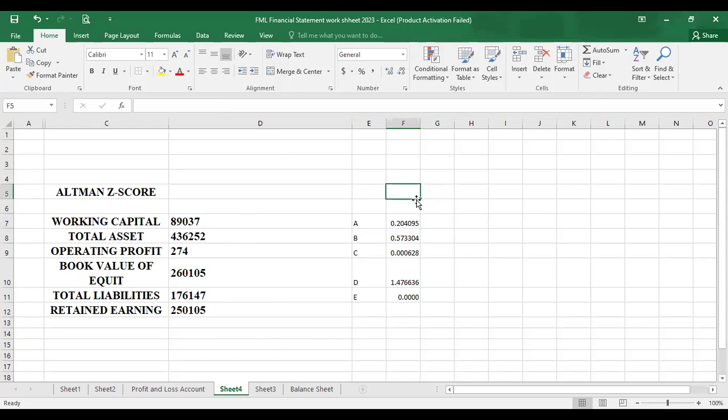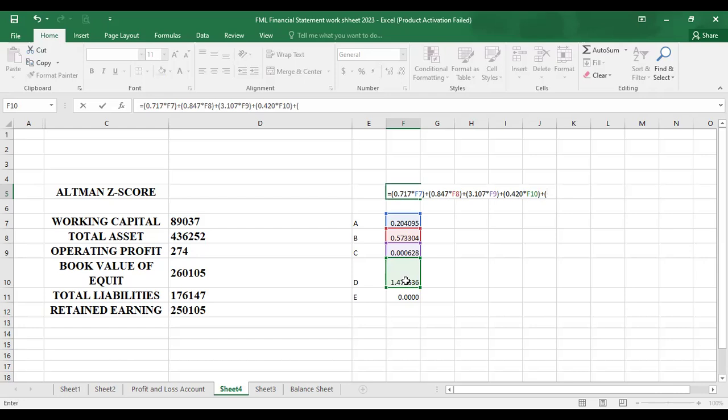So for the Altman Z-score, the first weight is what? 0.717 multiplied by A. Then we add 0.847 multiplied by B, plus 3.107 multiplied by C, plus 0.420 multiplied by D, plus, please, are you with me?